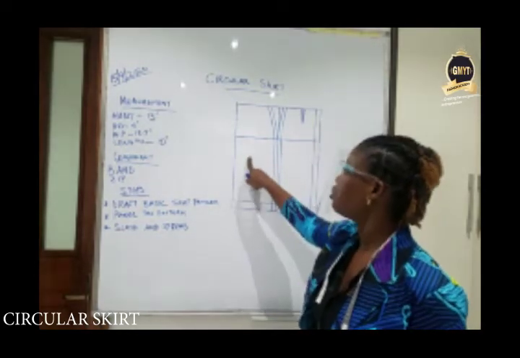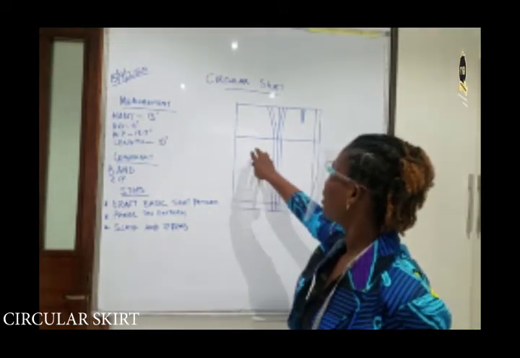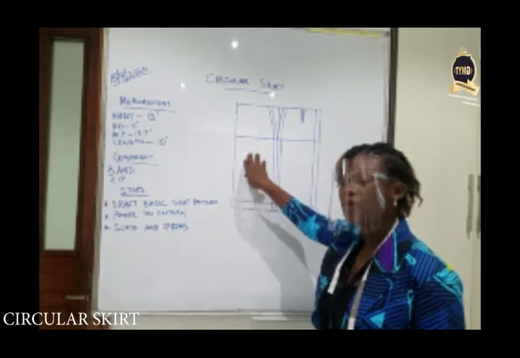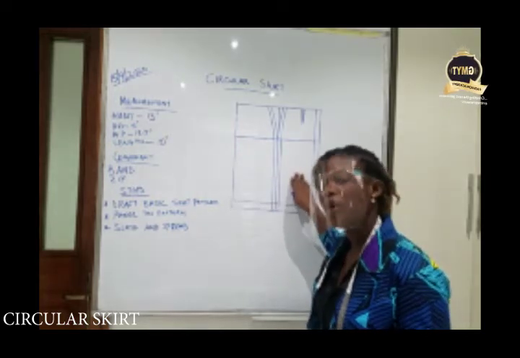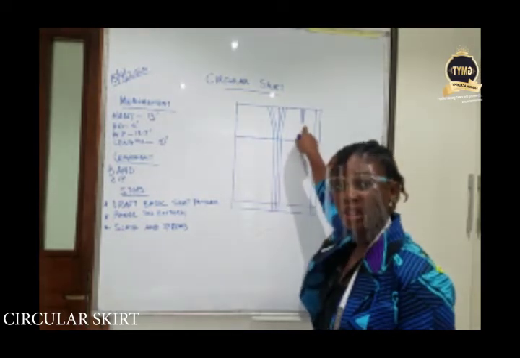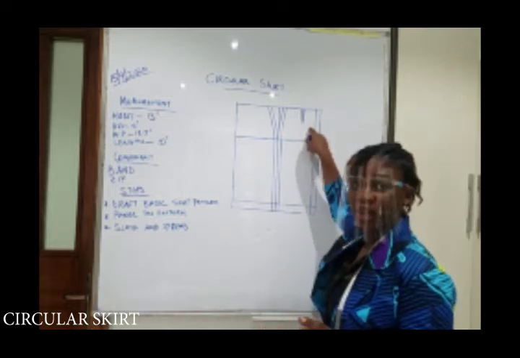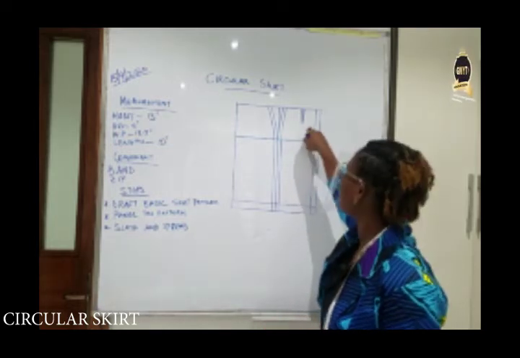But I am going to panel this pattern into 4, paneling my front into 4, then my back into 4. And please take note, once you draft your basic pattern, eliminate the back dart. How do you eliminate the back dart?